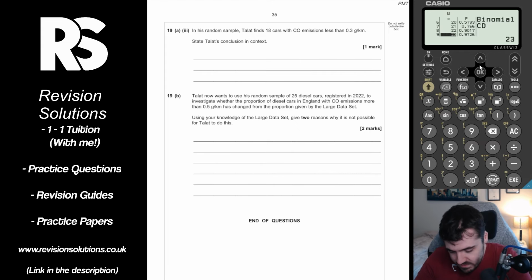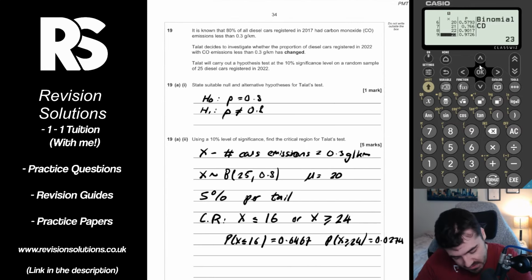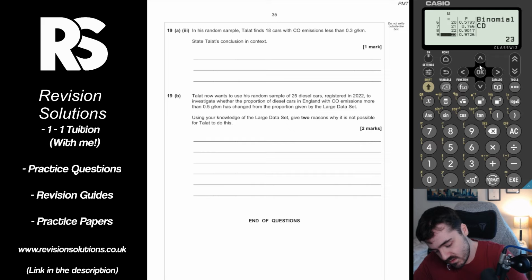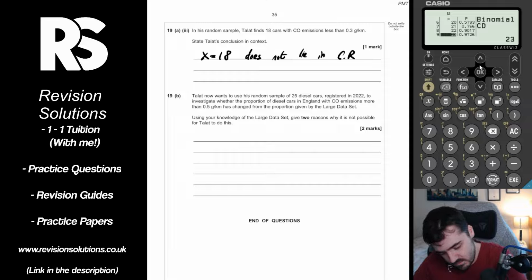It says, in his random sample, Talat finds 18 cars with carbon emissions less than 0.3 grams per kilometer. State the conclusion in context. So 18 does not lie in the critical region. So x equals 18 does not lie in the critical region. So therefore, no evidence.